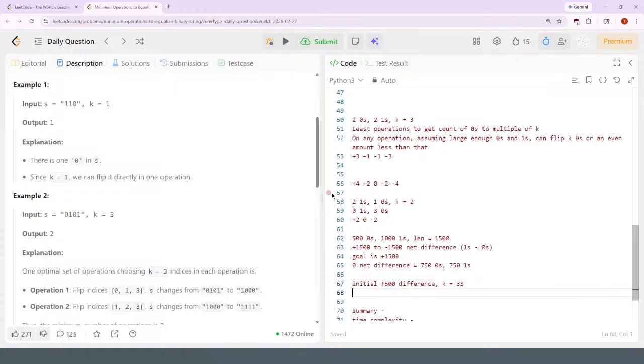So closer would be 99, 198, 297, 396, 495. So 495 subtracted from the net difference would be 5. That would be like 15 operations, 5 times 3.